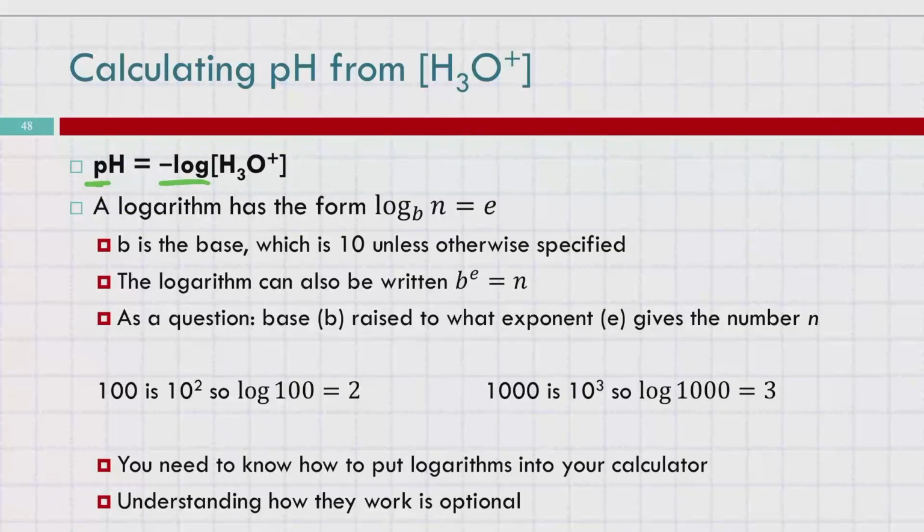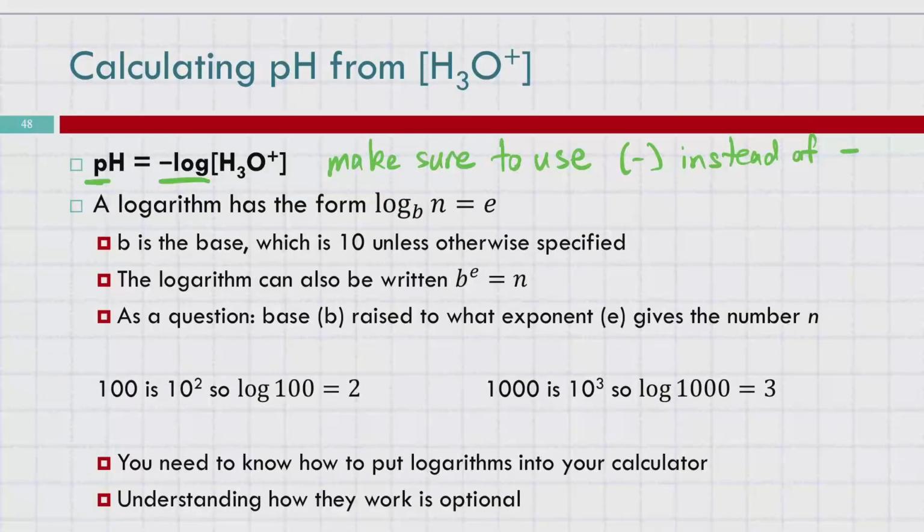Your calculator should automatically put in parentheses for you to put your number inside when you're doing log. Also make sure that you use the negative button instead of the minus button, because those are different. If you try to use the subtract, it'll probably just say syntax error.